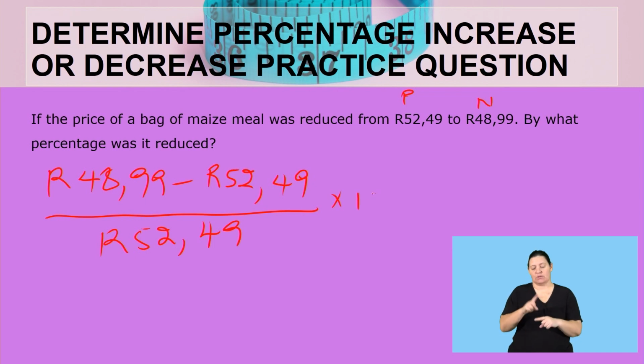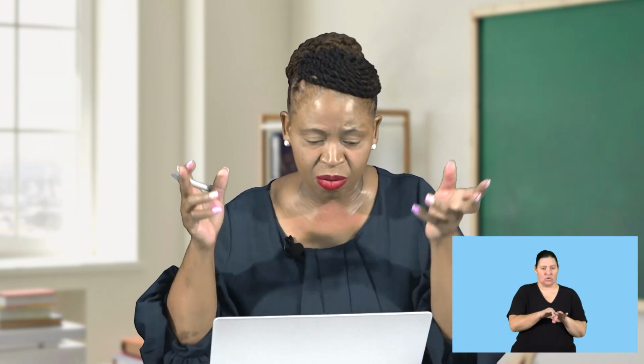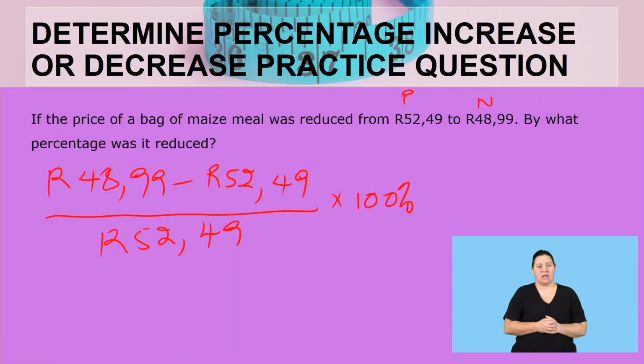We multiply by 100%. Let us press the calculator together. We first subtract the values which are on top, the numerator. You get 48 rand 99 subtract 52 rand 49. The answer you get should be a negative 3 rand 50, and we divide this by 52 rand 49. Then the answer we are getting, we multiply it by 100.